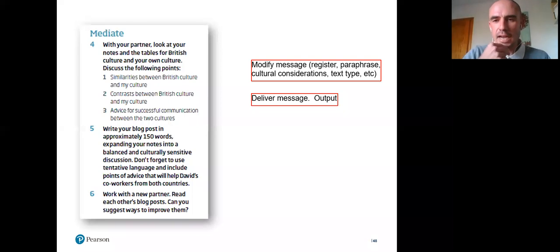This is the final task they're supposed to do, the blog post, using the information they've come up with in their table about their own culture and the one about British culture from the podcast. That's the build-up to actually doing the task. And remember modifying the message, to do with tentative language, using tentative language in your blog post.